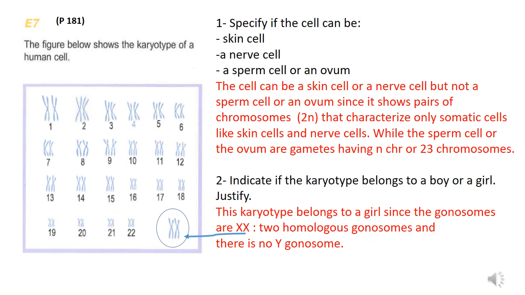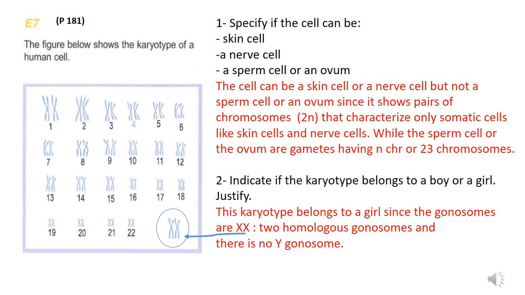The figure below shows the karyotype of a human cell. Question 1. Specify if the cell can be a skin cell, a nerve cell, a sperm cell, or an ovum. So, the cell can be a skin cell or a nerve cell, but not a sperm cell or an ovum.